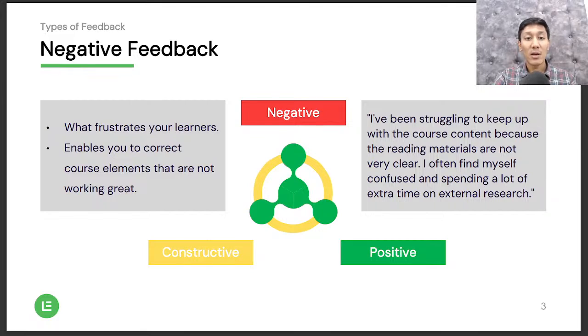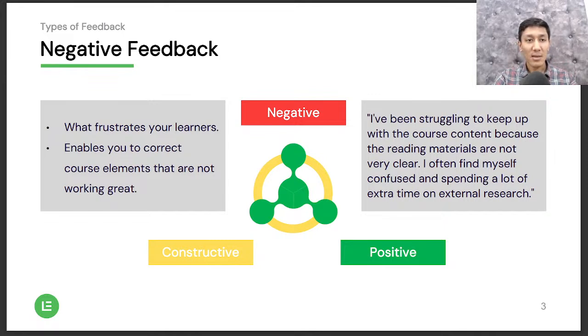A lot of the times we think the course that we have made is doing pretty great and it's doing well with the learners, right? And we do not pay that much attention to what our course is lacking, right? Our courses may be like 90 out of 100, but to make it into 100, we need to understand where the learner is coming from when they are giving that negative feedback.